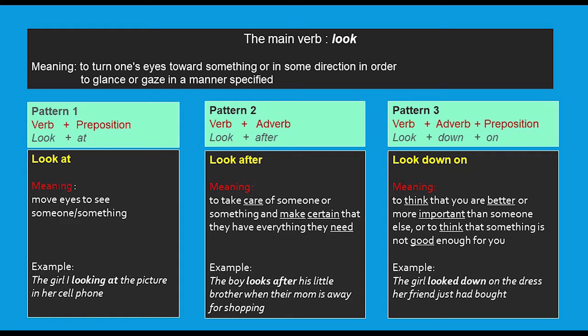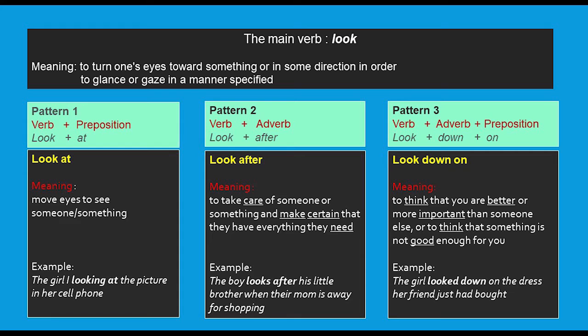Look and at. Look at. It has a meaning of move eyes to see someone or something. For example, the girl is looking at the picture in her cell phone.